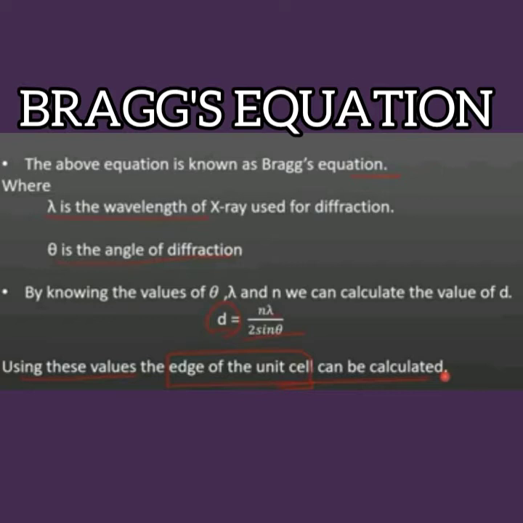When we are calculating d, if we know the values of theta, lambda and n, we get the equation d equal to n lambda divided by 2 sin theta. Using these values, the edge of the unit cell can also be calculated. So this is called Bragg's law and Bragg's equation.